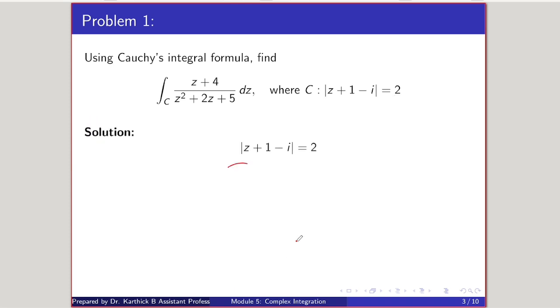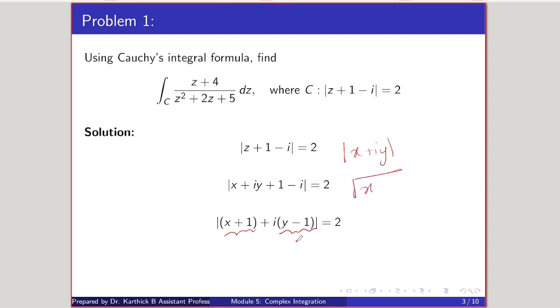So first I am taking the given region and I will substitute the value z equal to x plus iy. So I have substituted it, and then I am splitting up the real and imaginary parts separately. We know that the modulus of x plus iy is the square root of x square plus y square.